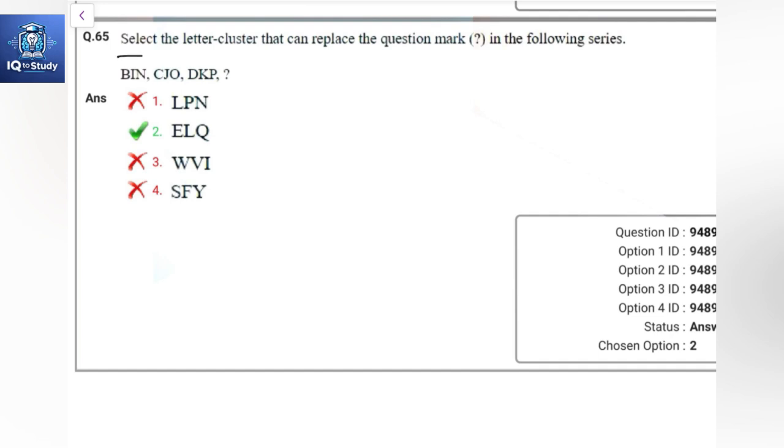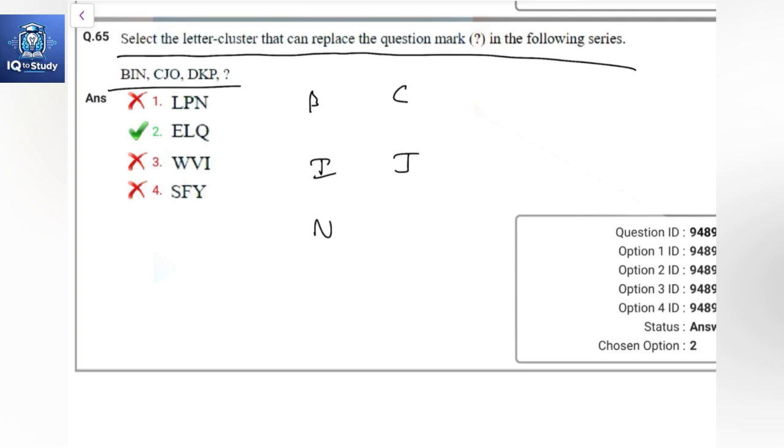Select the letter cluster that can replace the question mark in the following series. The series is given as B, I, N, C, J, O, D, K, P and question mark. The logic is like B to C is +1 and C to D is +1.